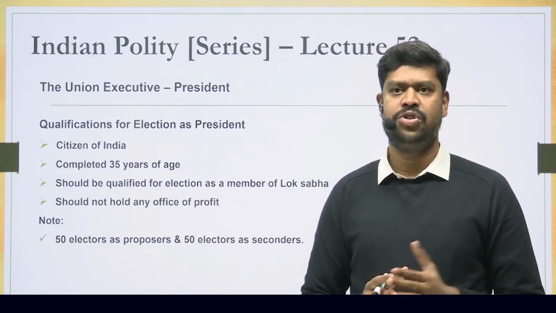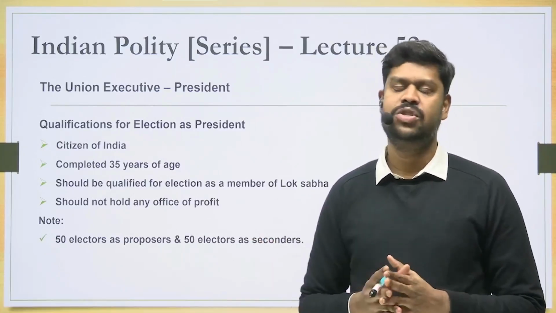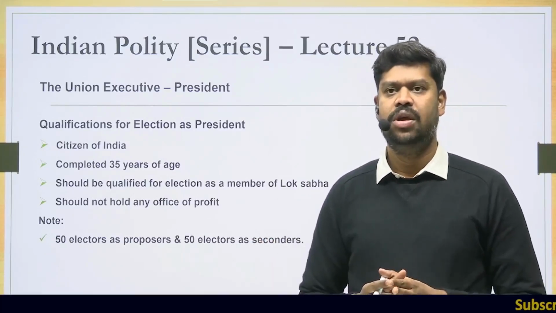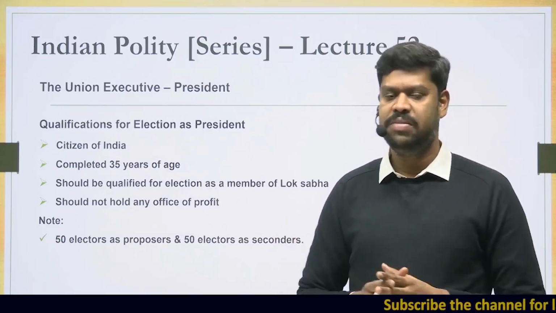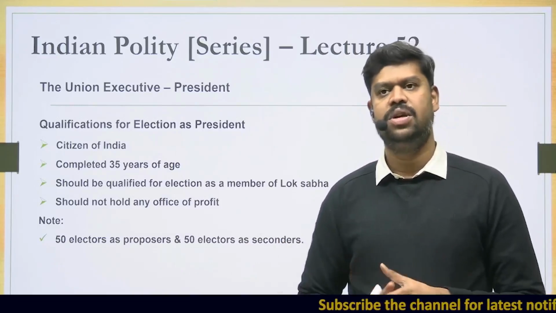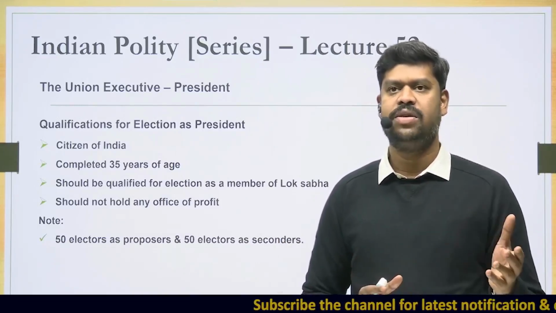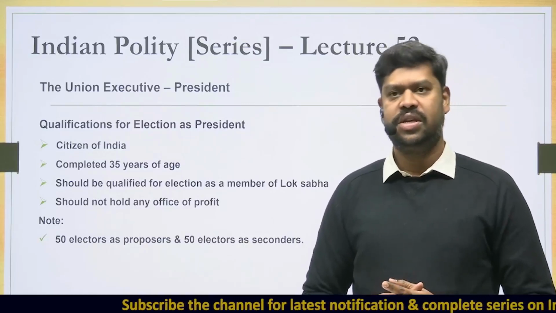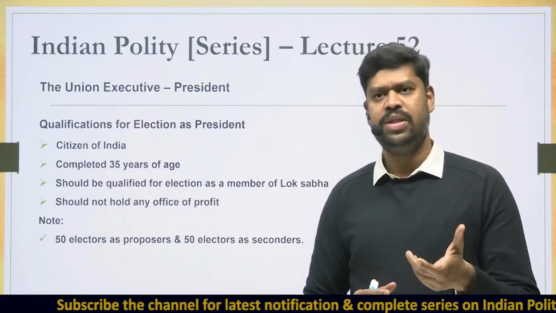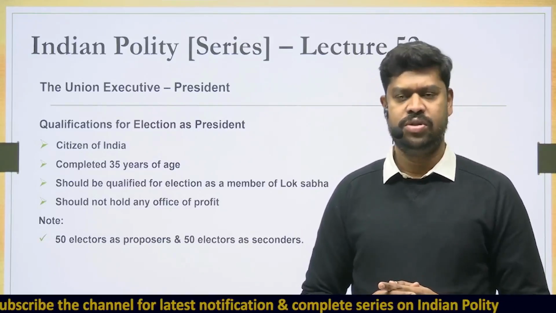Some of them are constitutional and many of them are situational discretions. So if a question comes, can we consider the President to be a mere rubber stamp? No, the President is not a mere rubber stamp. Although he is a nominal executive, he does exercise a lot of discretionary powers, usually in the form of both constitutional as well as situational discretions.